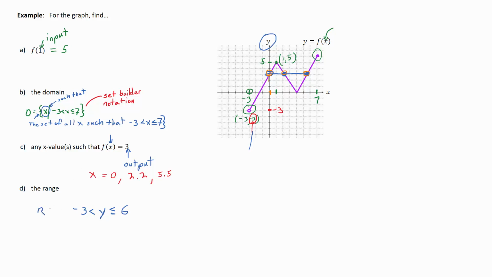So we'll use R for range, throw in an extra curly bracket, an extra y value, a vertical bar, and another curly bracket. And you read that, this is once again, set builder notation. You read this as the range is the set of all y values such that, the vertical bar means such that, y is between -3 and 6, not including -3, including 6. And that's it.